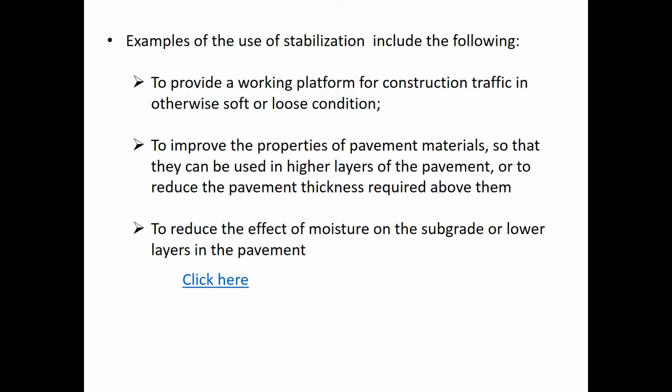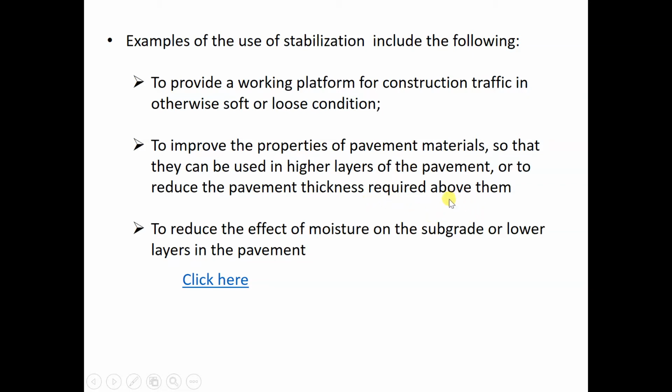It's not the full road. It doesn't have the full sub-base or the base course and the wearing course on top, but it's just the subgrade or the sub-base. So it sort of provides the working platform. Secondly, to improve the properties of the pavement material so that they can be used in higher layers of pavement, or to reduce the pavement thickness required above them.